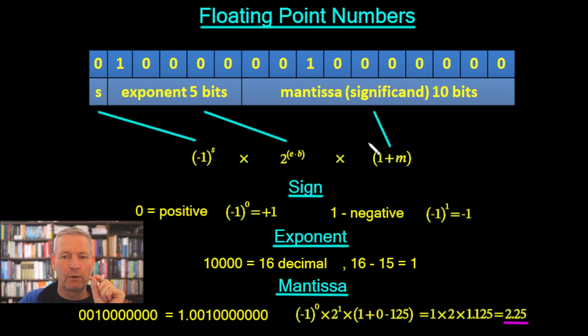We don't see this 1 up in here because we don't need it to be here. We always convert using this process, and we always add 1 on to the mantissa. We know we're always going to have to do that, so we don't need to actually represent it within the 16-bit floating point number.